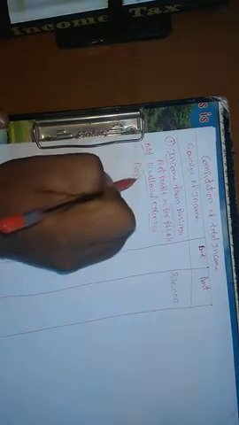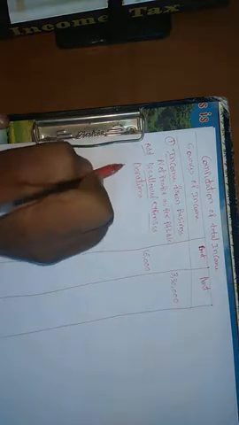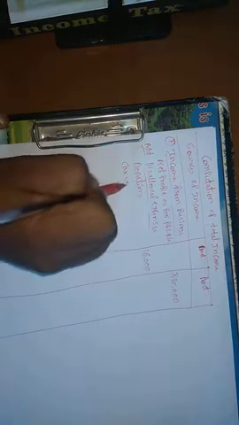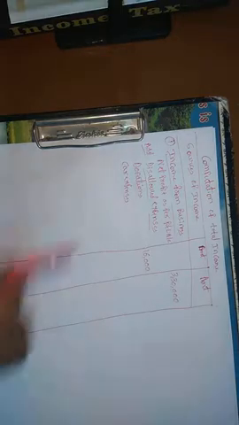So which are those? Those are donations. Donations are not business expenditures, hence we need to add it back. That is 16,000. Car expenses: car expenses done for business purpose is a business expense, but if done for personal use, it should be added back.